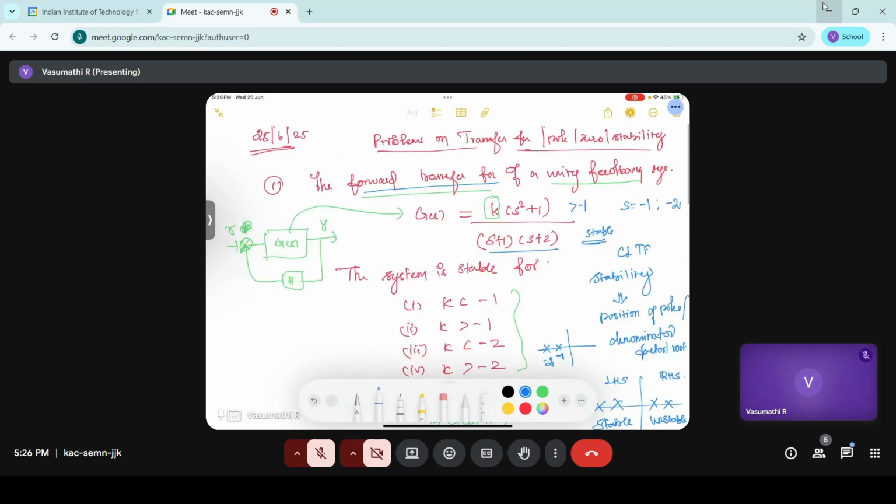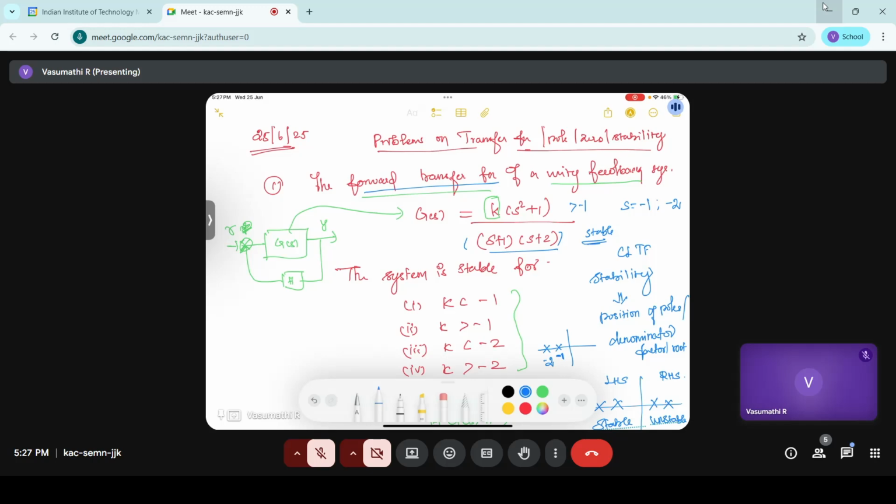If you have been asked this kind of question, just try to find the hints from the question. If it is a forward transfer function and you have been asked to find this k, there is no direct relation between k and the denominator to say whether it is stable or not. So you have to find the closed loop transfer function from there. See whether the system has any feedback values.